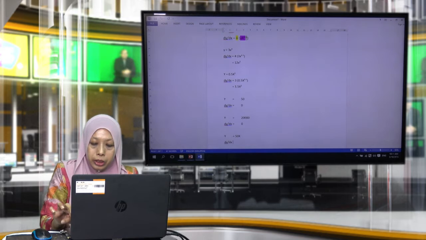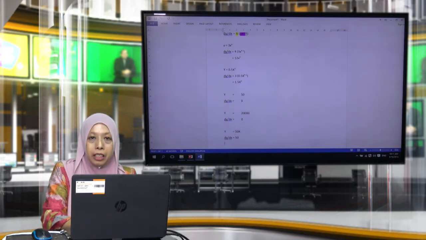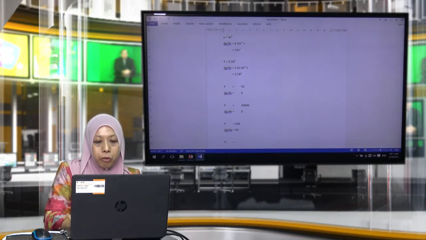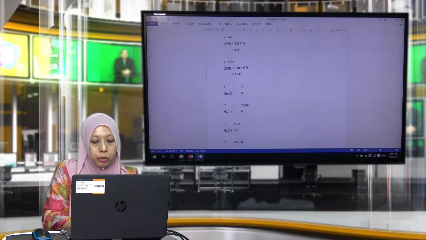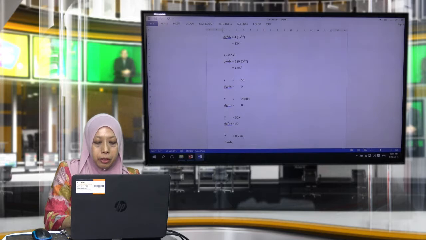If you differentiate a line function, you will automatically get 50. I'll give you another one. For example, let's say you have y equals 0.25x. You want to find dy/dx.